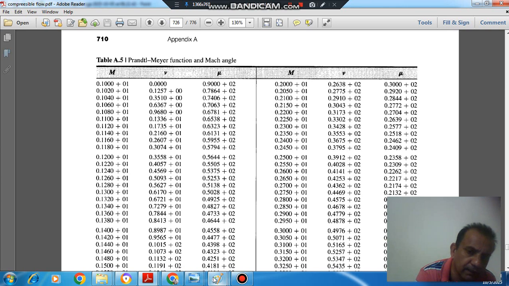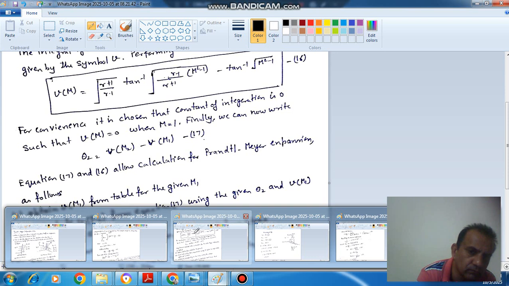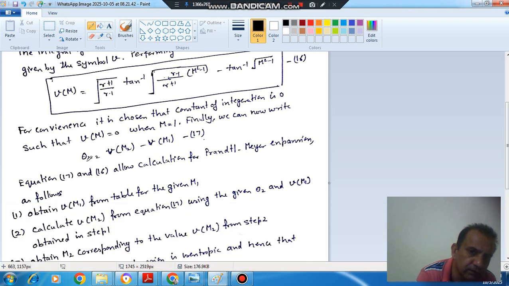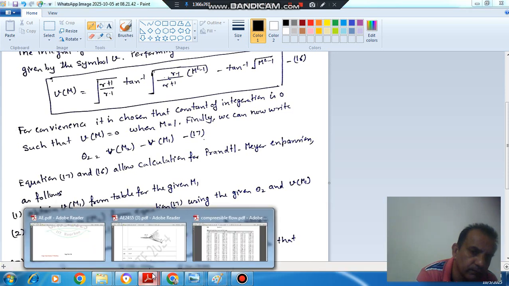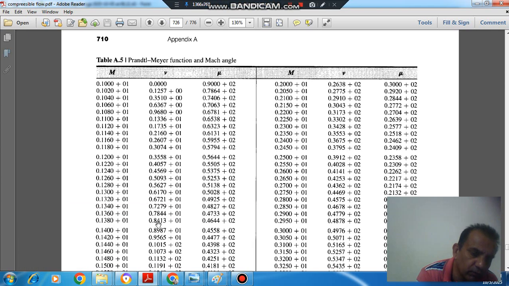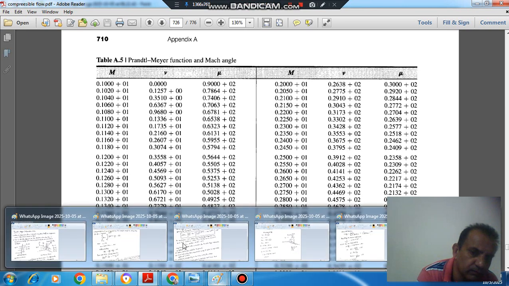Since the deflection angle is also known, from the table we can calculate mu M2. Once we have mu M2, we look at the table for this value of mu and read off M2. So the final Mach number can be found.